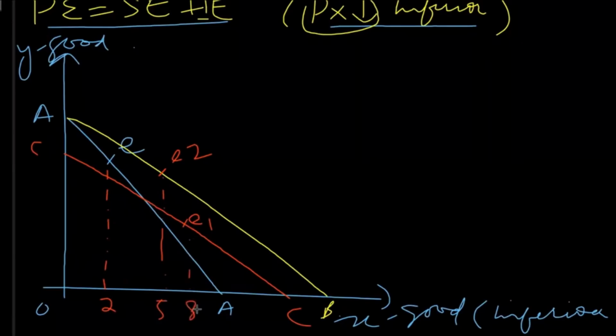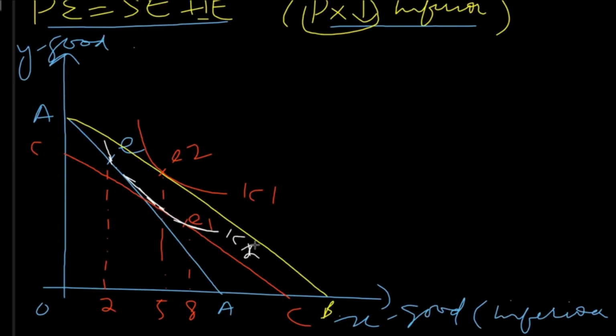And now we have to draw IC curves as well to show equilibrium, and this is, let's say, IC1, and we need to draw another IC curve which will make equilibrium with both budget lines AA and CC. We will make equilibrium initially at this point, and now we will extend it, and again we will show equilibrium at E1.